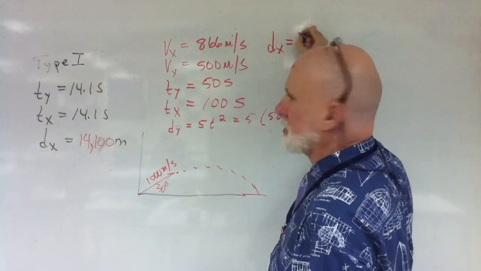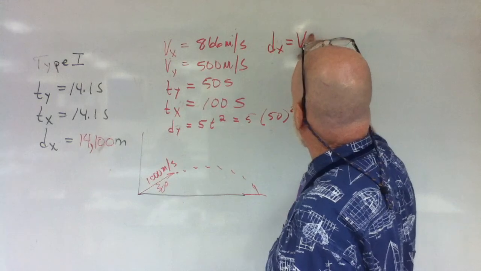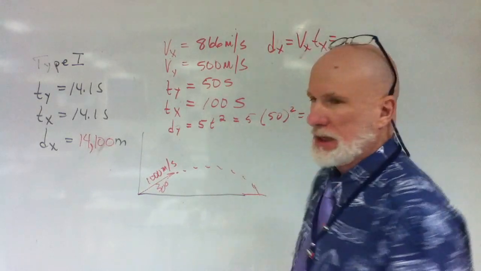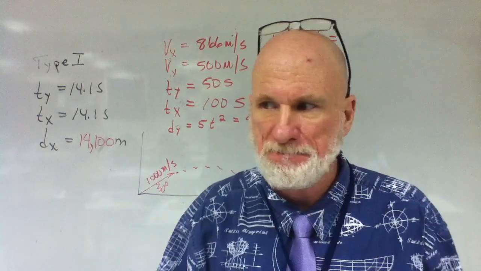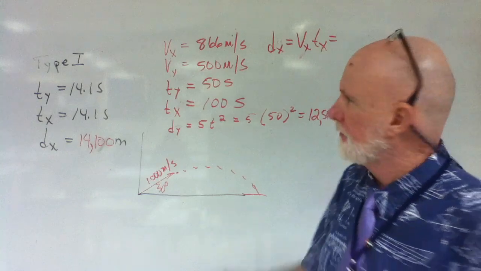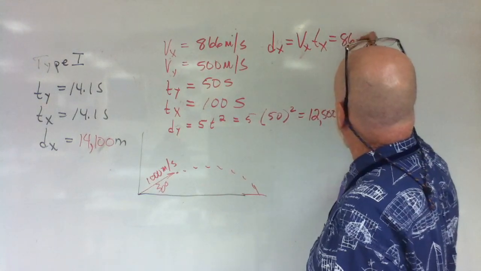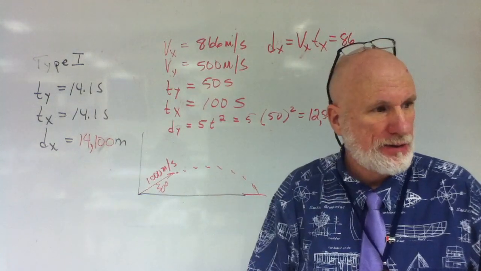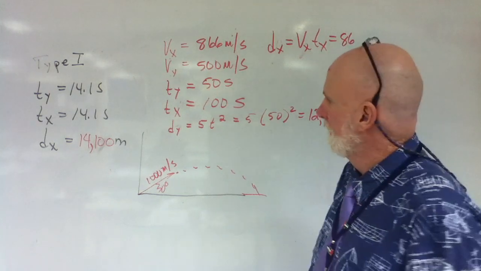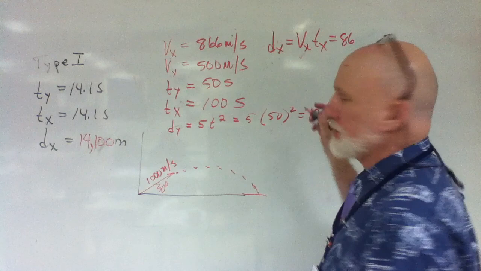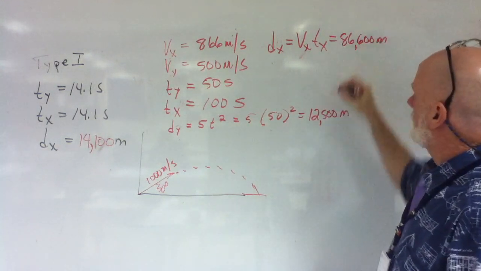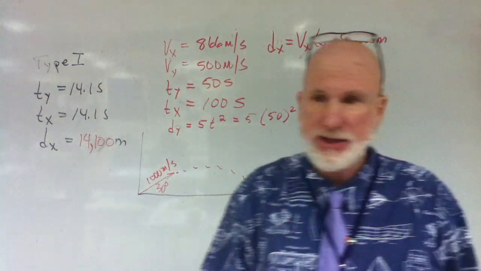Dx equals Vx times Tx, and that's going to be what? 866 times 100? 86,600. 866 times 100, sorry, yes. 86,600 meters, correct. And that's your quiz.